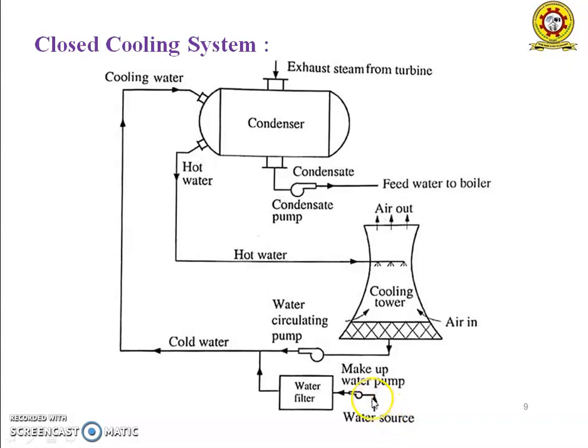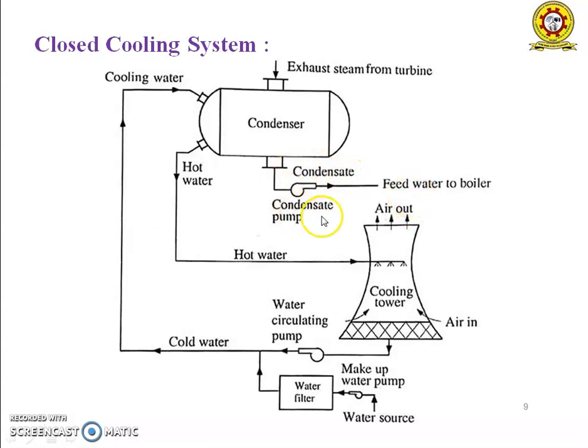From the natural sources, water is sent through the pump and the water is filtered and the cooling water is again used for the condenser. From the condenser, cooling water temperature increases to hot water and the hot water is again sent into the cooling tower. From the condenser, the steam temperature reduces and the condensed water is sent into the boiler feed water by using the condensate pump.